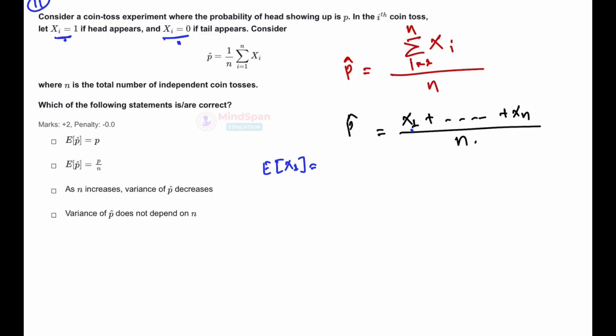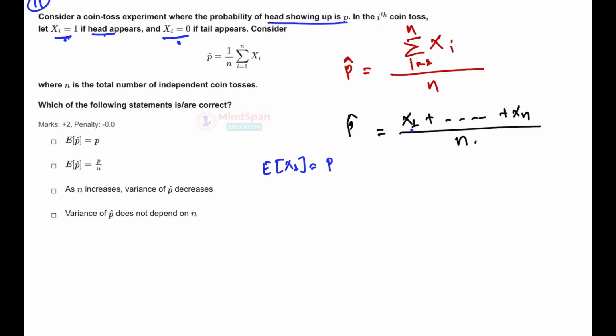The probability of success is P, where heads show up. So xi takes the value 1 if heads appear, and success is when you are getting the head. So it is small p, right?